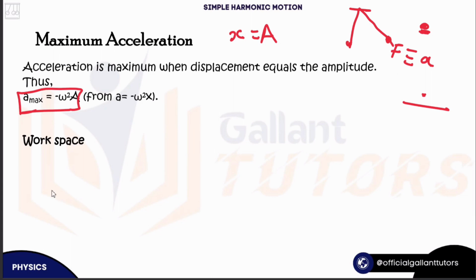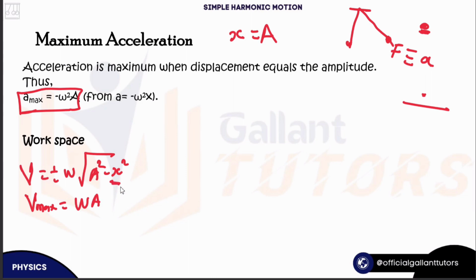Now, just for recap, we know that velocity is equal to plus or minus angular frequency W times the square root of amplitude square minus x square. Is that clear? V max is equal to W A, because this has to be what? 0. What of acceleration? You know that already.